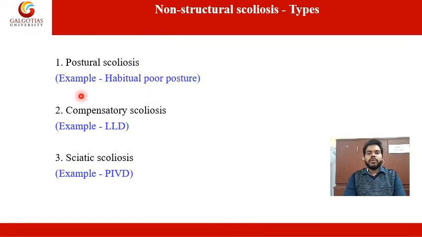Postural scoliosis, example habitual poor posture, compensated scoliosis. There is a limb length discrepancy, there is a shortening of the limb, and the sciatic scoliosis by the PIVD. PIVD means prolapse intervertebral disc. If your disc is prolapsed, it compresses the nerve root, and the nerve root can cause the sciatic scoliosis.